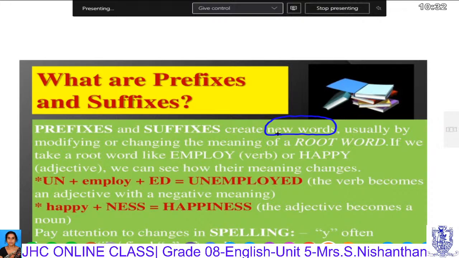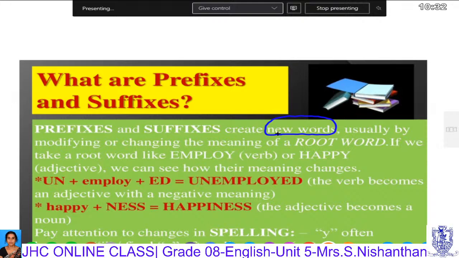When we go to the next slide, you can understand what a root word is. If you take a root word like employ, this is a verb, this is a root word. This is the simplest word. It can't be more simplified. Employ. Or happy. Happy is the root word, the simplest word.